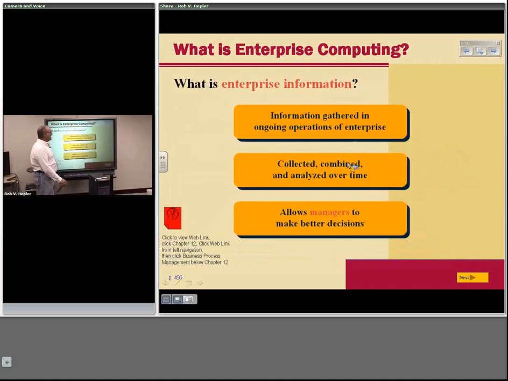So the information the enterprise needs, it's gathered through the operations of the enterprise, obviously. So that means everything, as much, I shouldn't say everything, but as much as you can gets captured and stored. That's part of an enterprise system.